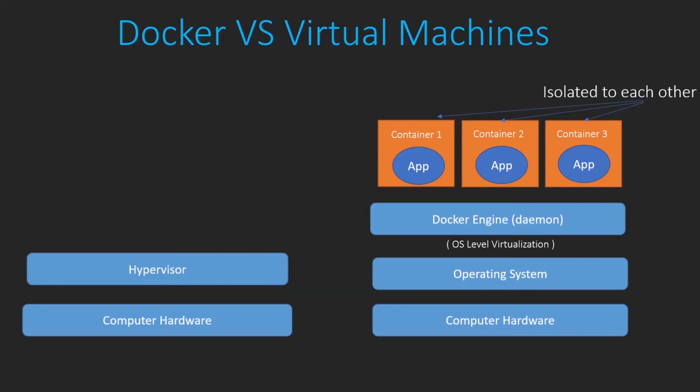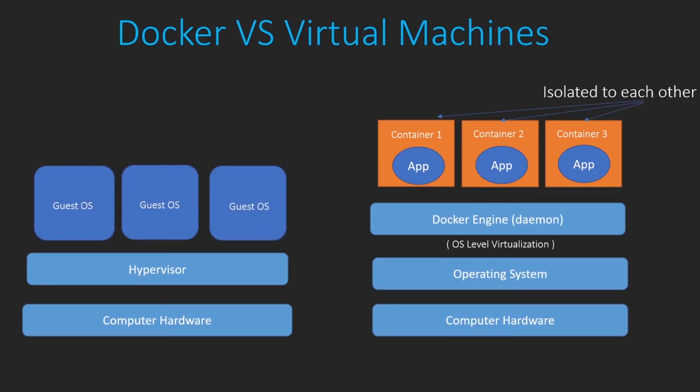And then on top of the hypervisor, we have operating systems installed. We can have multiple operating systems, and they are all called guest OS in virtualization. These operating systems share the computer hardware. For example, if the computer has 16 GB RAM or maybe 36 GB RAM, that RAM is shared between these guest OS.